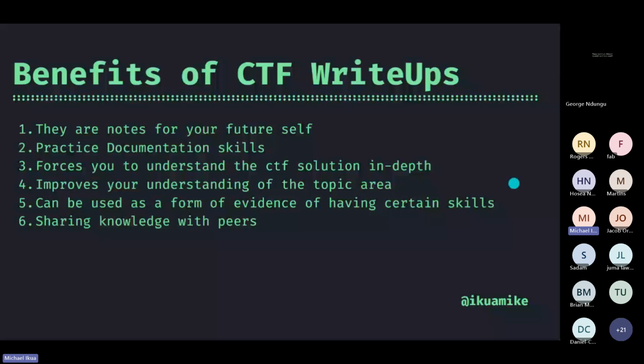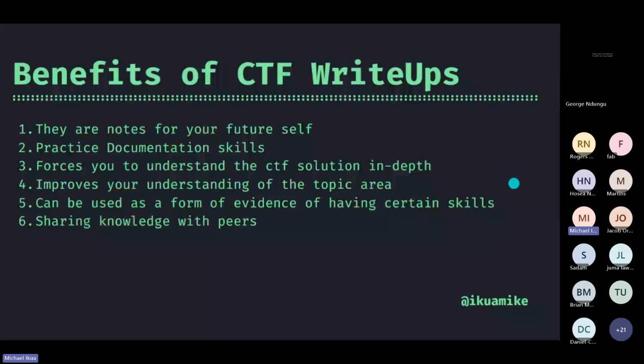The next one is public write-ups. When you're publishing your write-up, how can you start? We have Medium, which is a good free blogging platform. I know there are blogs on other technologies too. This is also where I started with my blog. You can also do WordPress. There's the free WordPress, which is on the hosted platform.